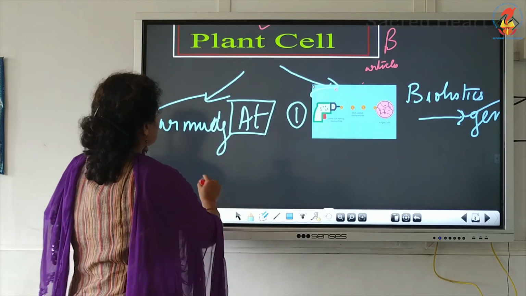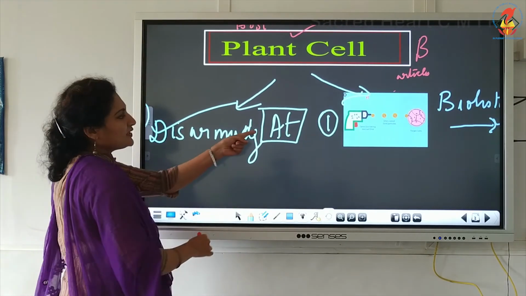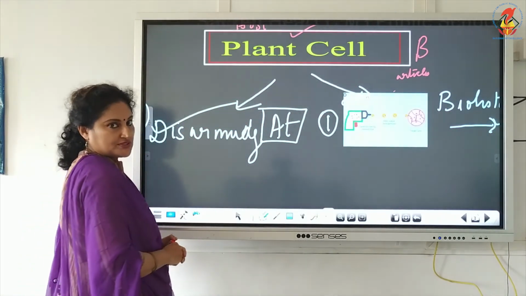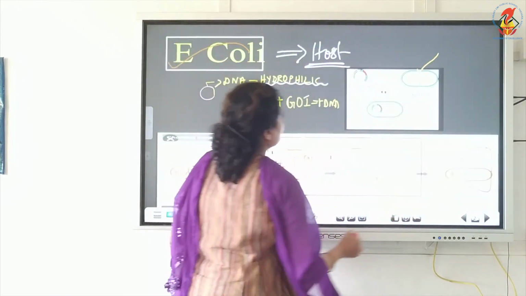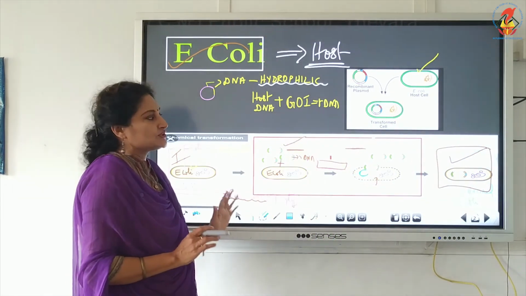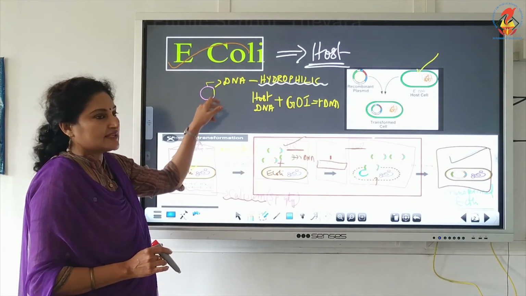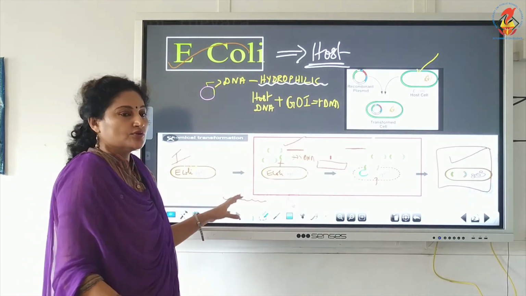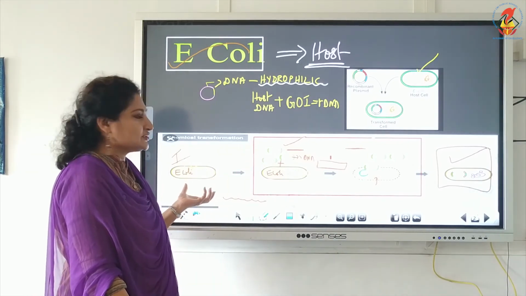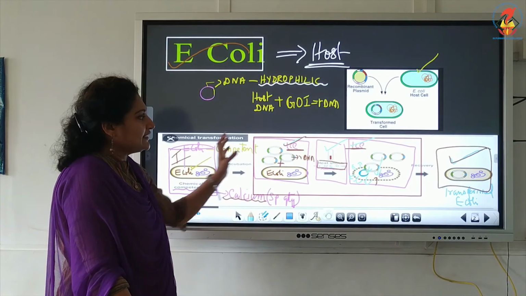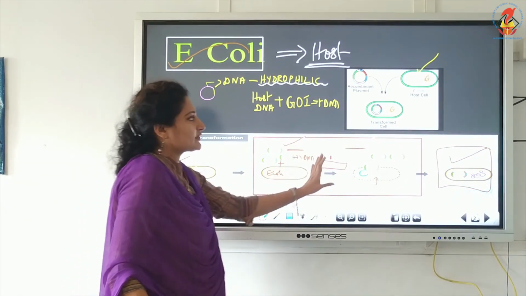Or the other option is disarming the bacterium or pathogen, Agrobacterium tumefaciens. But the usual host is always E. coli. Widely used host is E. coli, and I told you rDNA does not easily enter because it's hydrophilic. It has to undergo a two-step procedure. The E. coli alone is treated with calcium ions, then later incubation on ice, heat shock and ice.